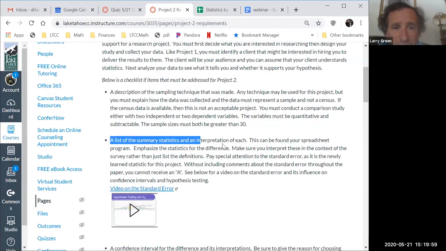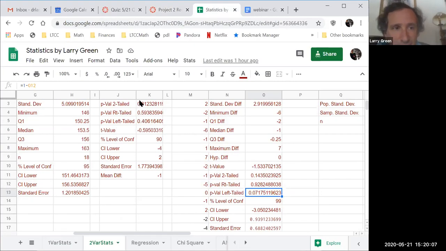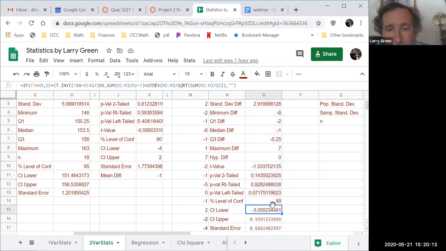Let me go into more. Okay, a list of the summary statistics. An interpretation of each, that is of the combined summary statistics. So again, focus on these. You don't have to do everything like project 1, but you should have the difference between the population means, sample means, because that's kind of the whole point of the project.